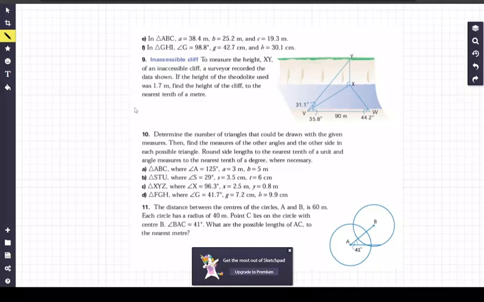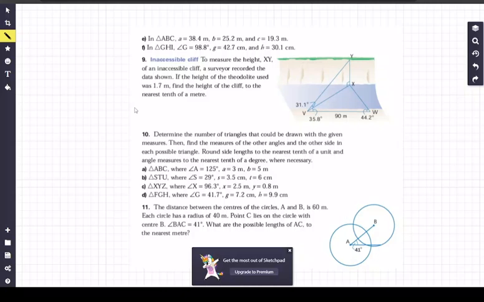For those that don't know, I want to tell you what a theodolite is, because when I first saw this question, I was like, what the hell is a theodolite? It's a little machine used to measure angles between visible points in the horizontal and vertical planes.